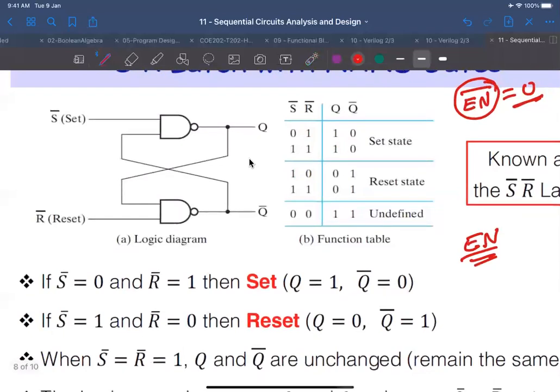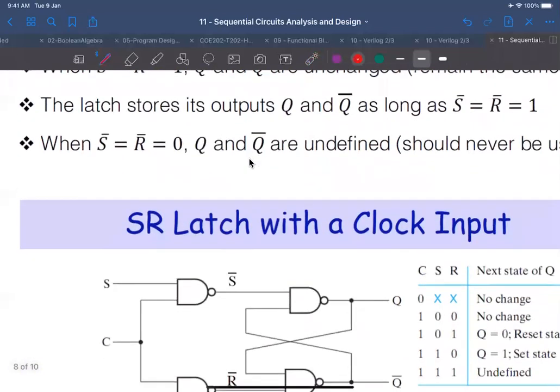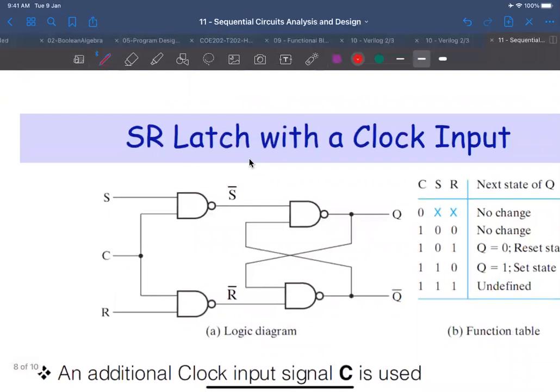All right, so let's move on to the SR latch with clock input. Let me ask you this. Let me just draw a box around this.